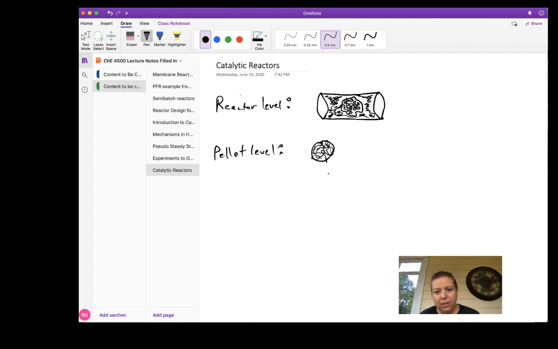So if we were to now zoom in, so we go from the reactor level to the pellet level, now why don't we go to the pore level? So we zoom in to the pore level. If we were to look then, we would have this pore network. And like I said, this is kind of randomly defined.